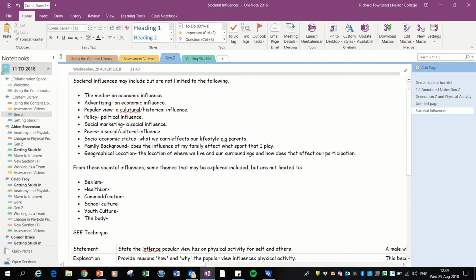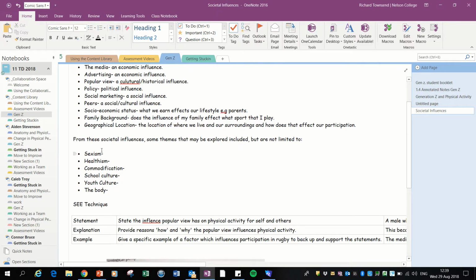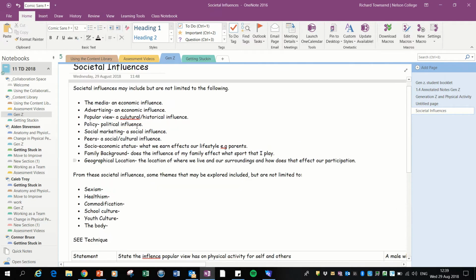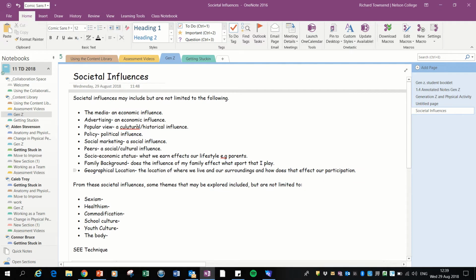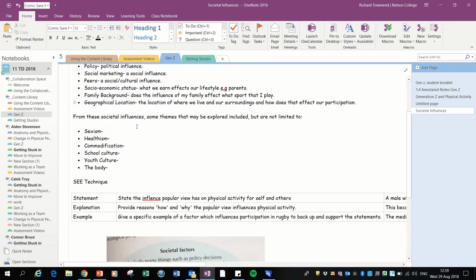So if we go into our OneNote folder now, I've put in some more information about the societal influences that you could use and what some of the themes are. Remember, you've got to have one societal influence for each paragraph, and for merit or more so excellence, you need to be able to tie those together. Just remember that you need to talk about 2 themes as well. So sexism, healthism, commodification, school culture, youth culture, and the body.